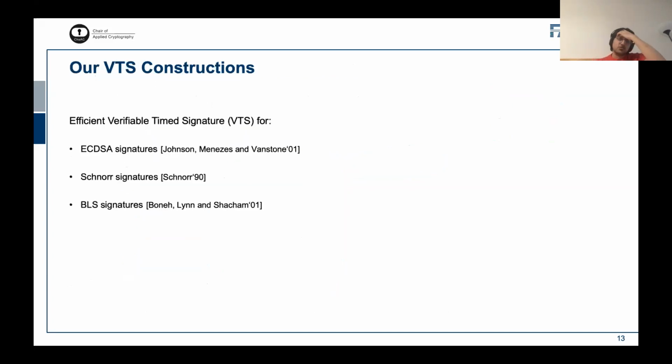And let me now give you some idea about our constructions. So we propose efficient constructions of VTS where the timed commitment is for an ECDSA signature or a Schnorr signature or a BLS signature, right? Notice that these three signatures are primarily of immense interest for the cryptocurrency space right now.